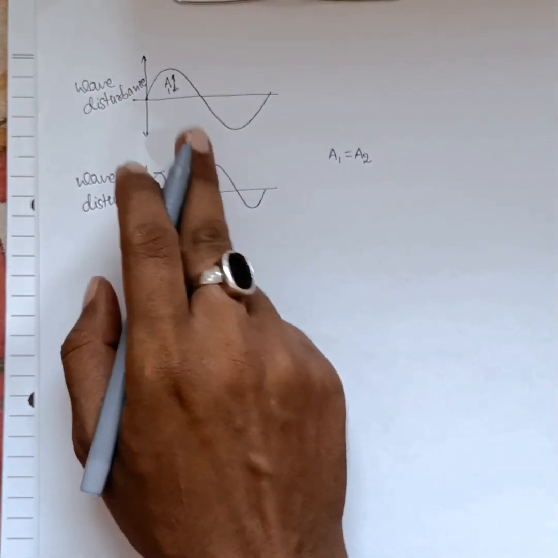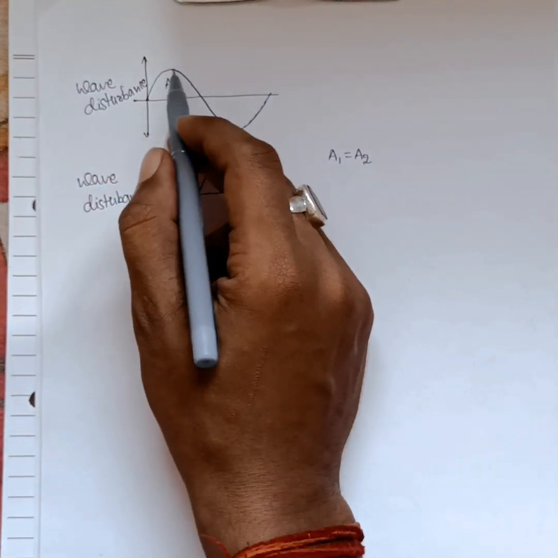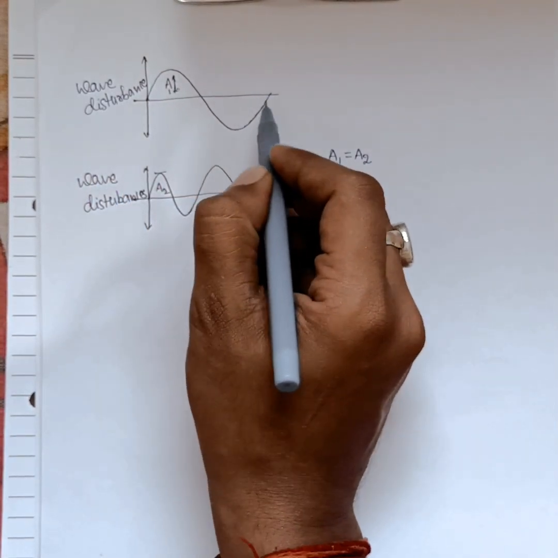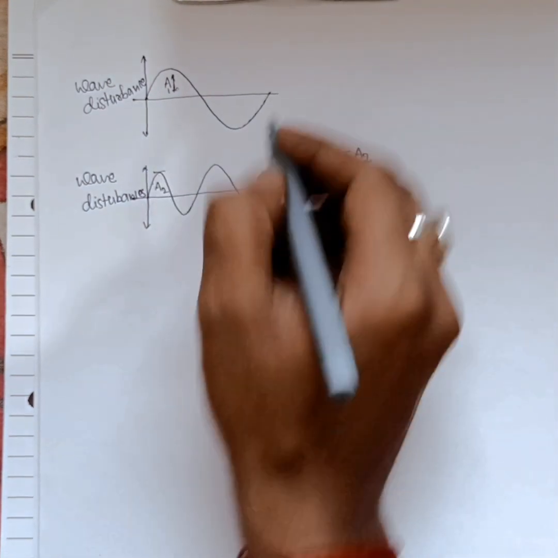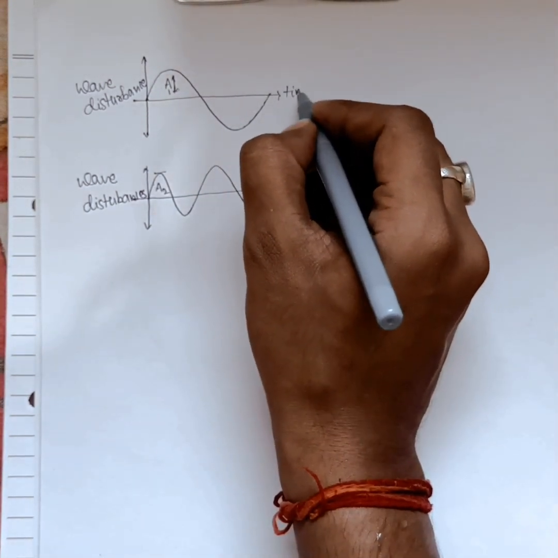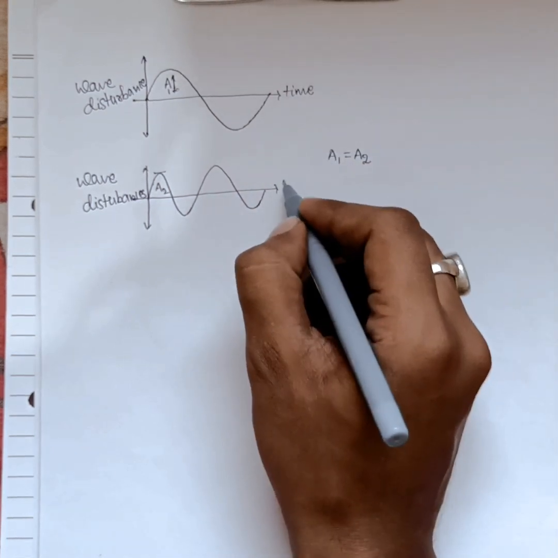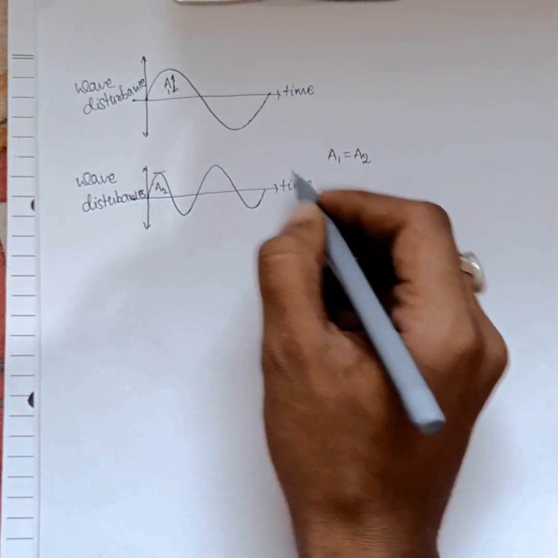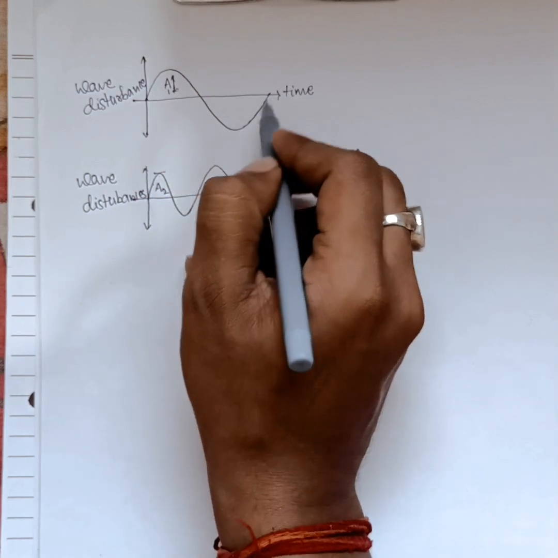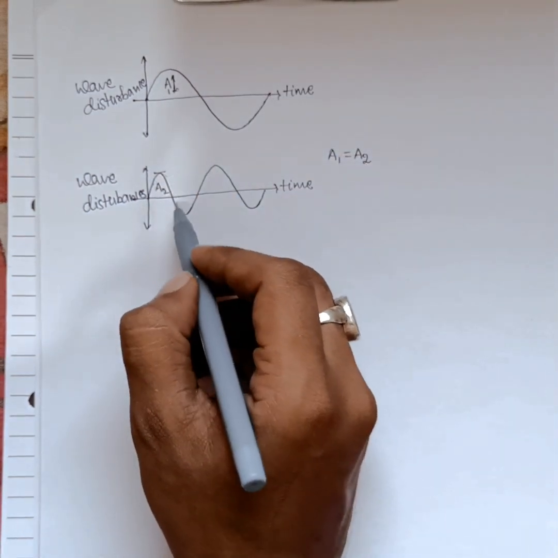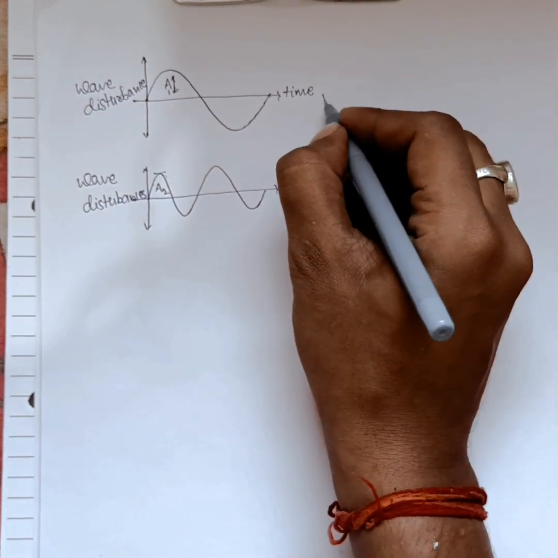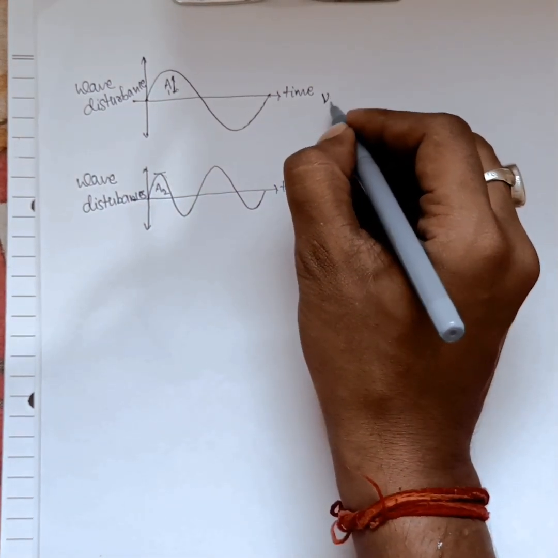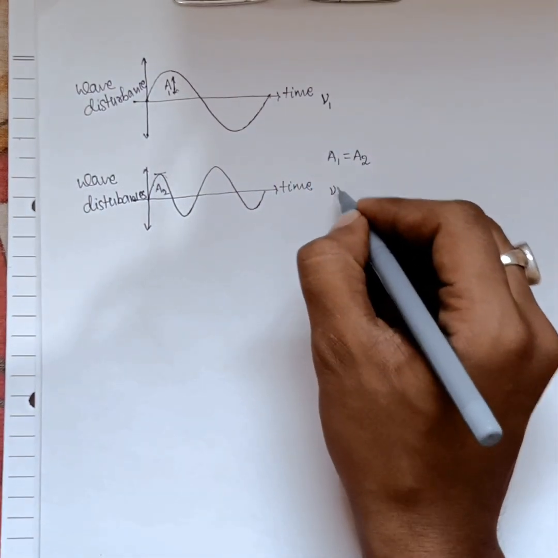But here, in 1 second, let us consider the frequency is 1 Hz only, and this is actually the time axis. In 1 second, the wave is completing 1 cycle, and here in 1 second, the wave is completing 2 cycles. Let us consider the frequency here is mu1, and here it is mu2.